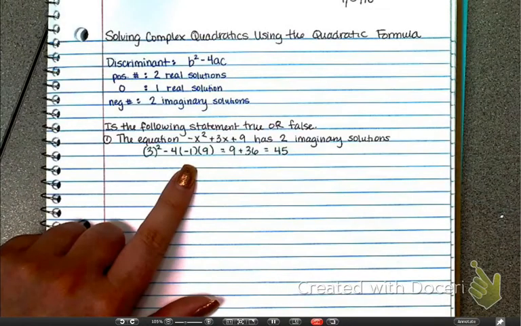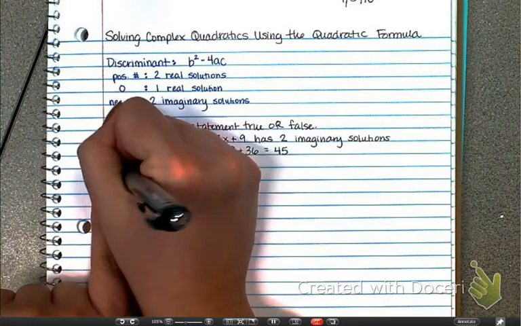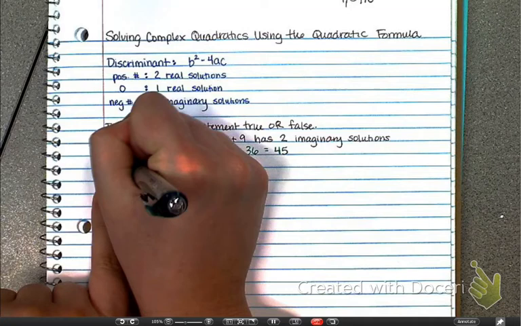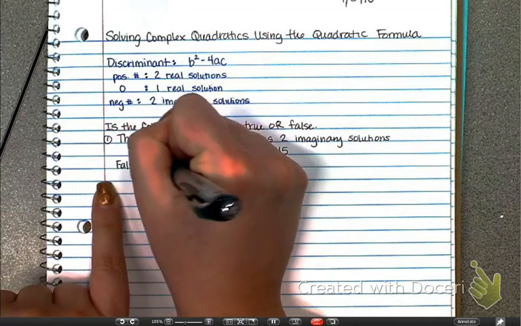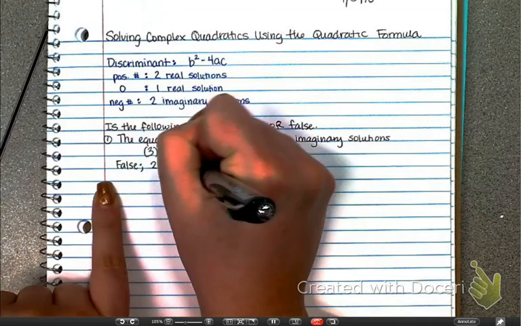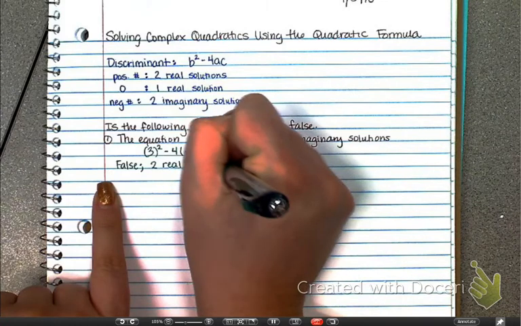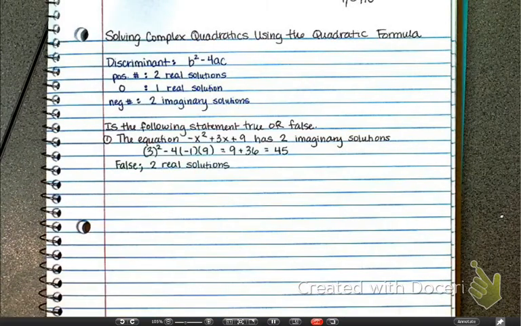So based on the discriminant, are there 2 imaginary solutions? No. There's 2 real solutions. So this statement's false. There are 2 real solutions. Okay, so if I were to solve using the quadratic formula, I'm going to get 2 real answers. There won't be an i in it, and there will be a plus or minus. Okay, we'll have 2 answers.